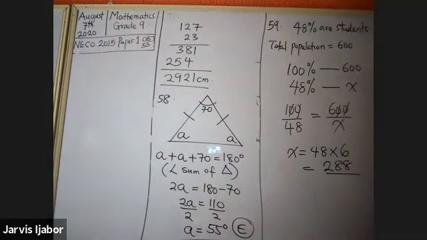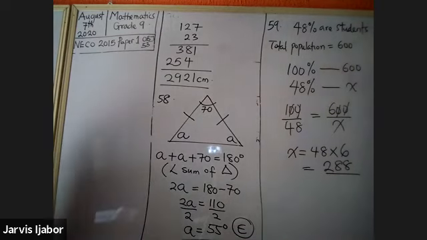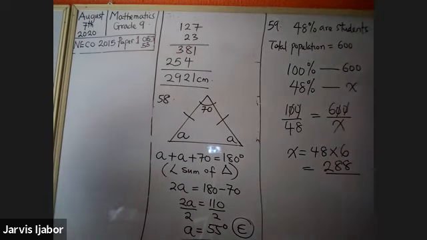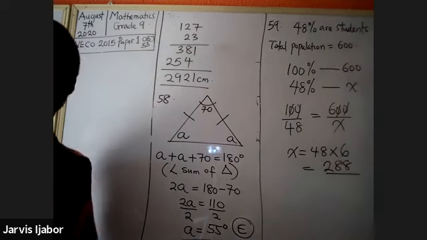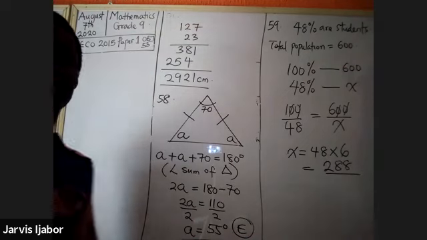It says that if the price of a machine increases by 10% every year, calculate the present cost of a machine which cost 200,000 two years ago. The cost of the machine increases by what? 10% every year.